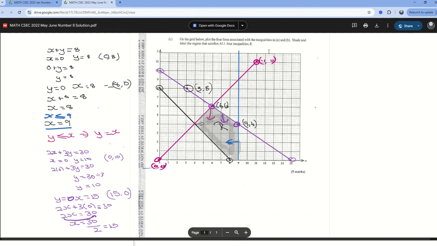And also when you draw the line, please write what is the equation of the line. Okay?